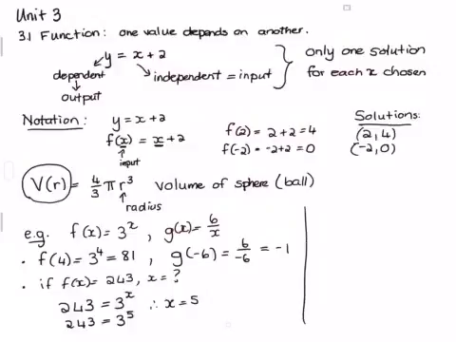Let's do one more like that with g. I'm going to tell you g of x is 24, and I'm going to say, well, what is x? So that means 6 over x. The x is the one I don't know, but I know that equals 24.